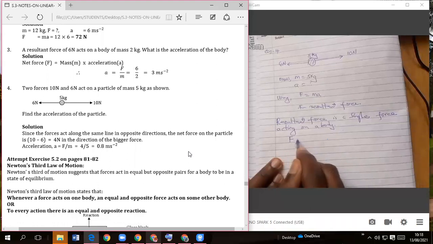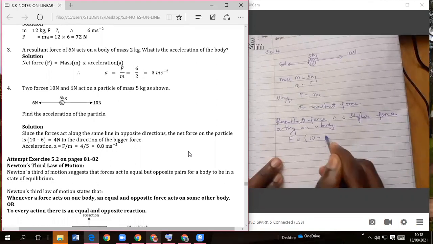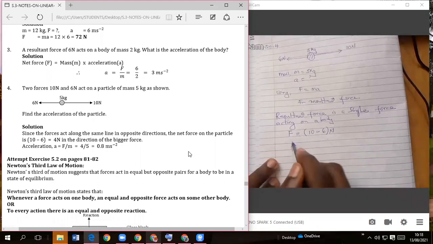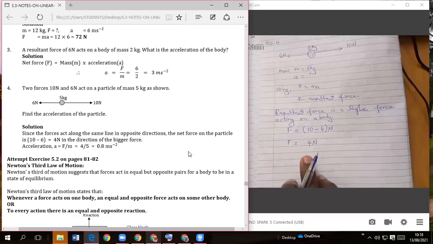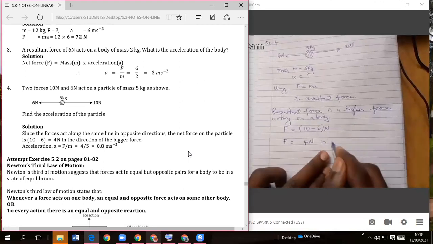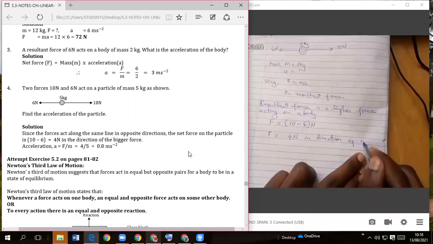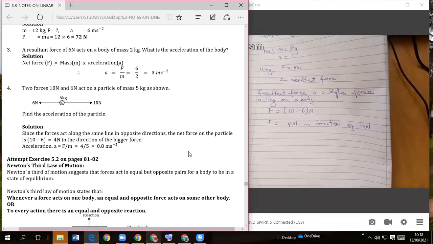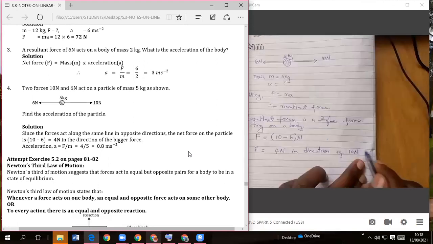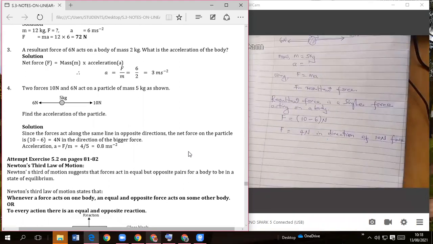So our resultant force F will be 10 minus 6 Newton, which gives us 4 Newton in the direction of the 10 Newton force. So that's our resultant force.